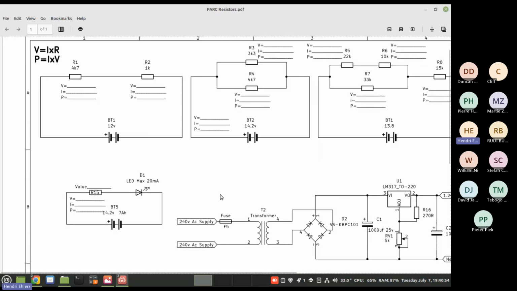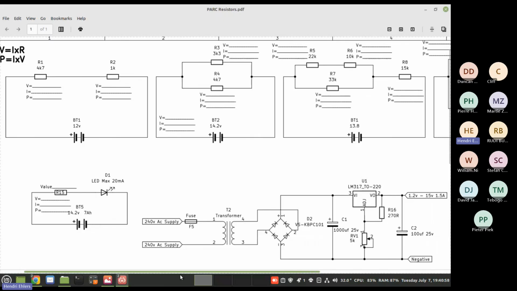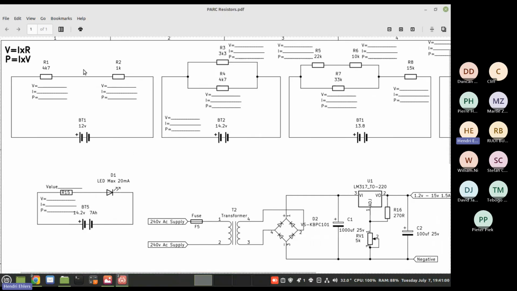Right, so the first three, you can calculate the total resistance, and then you can calculate the voltage drop, and you can calculate the power through each resistor. So on this sheet, I would suggest you must be able to do until the third one here.